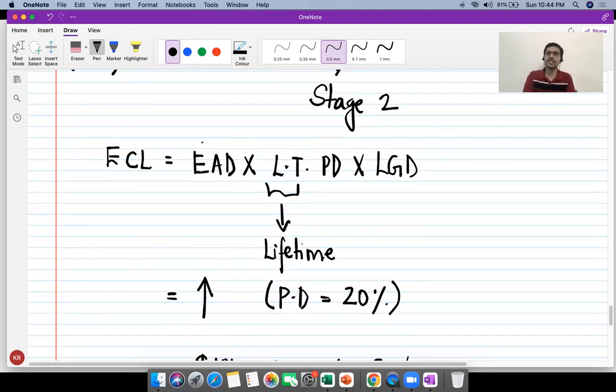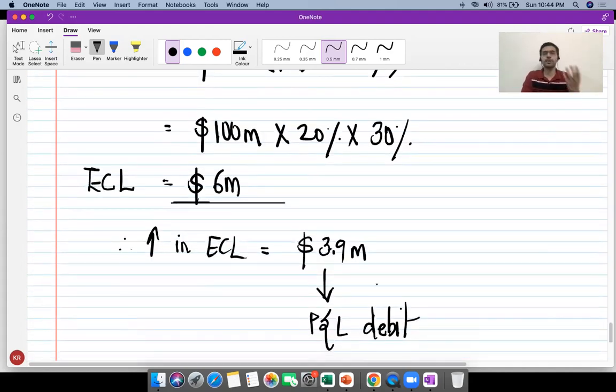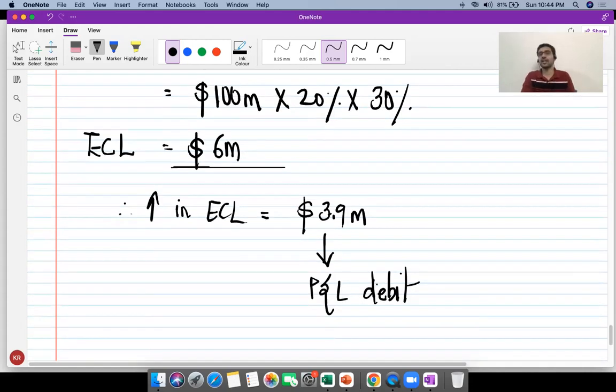There is no necessity that ECL will remain at $2.1 million. Although the exposure is under stage 1, ECL can still keep changing, and that will go to P&L either as an expense or as an income. If ECL increases, it will be an expense. If ECL decreases, it's going to be considered as an income. All right, that is with regard to stage 1 and stage 2 exposures.